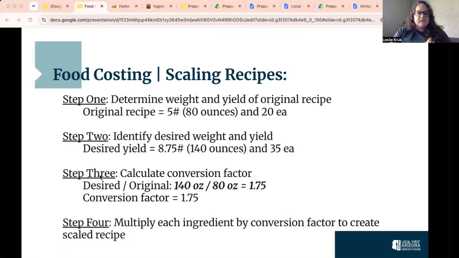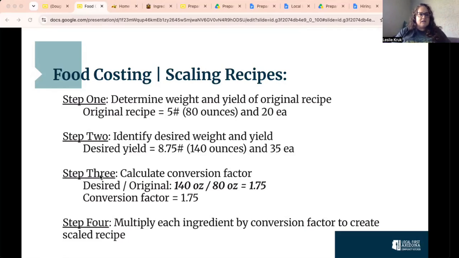So my desired yield for 35 each, I'm going to take the similar calculations as what it was per piece from the standard recipe. And now I can calculate that I need 8.75 or 140 ounces of a finished yield to give me that 35 each.